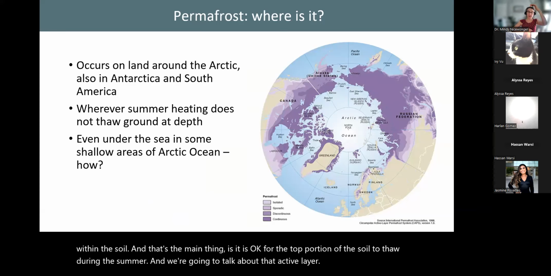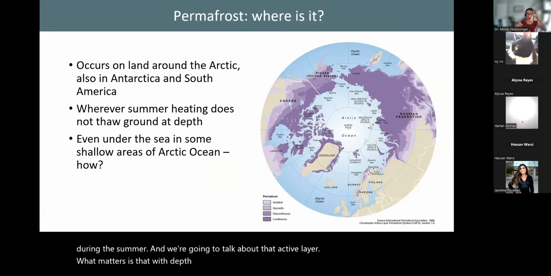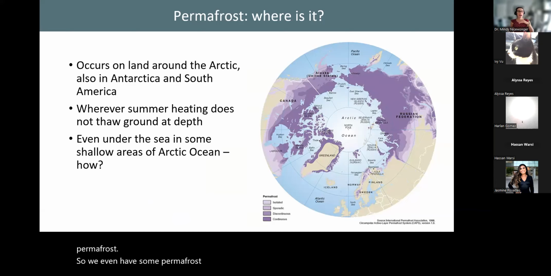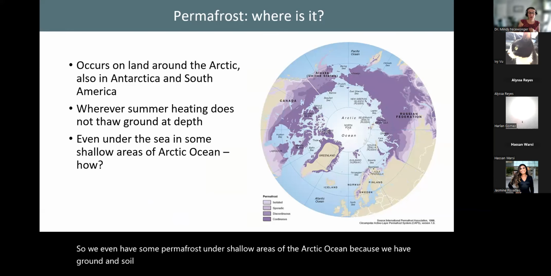What matters is that with depth, deeper into the ground, that soil stays frozen. That's the permafrost. We even have some permafrost under shallow areas of the Arctic Ocean because we have ground and soil underneath that area.